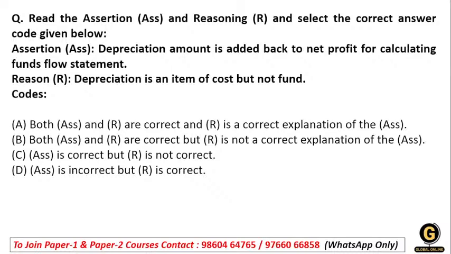See over here, the assertion is true, because depreciation is an amount which we add back to the net profit for calculating the fund flow statement. This happens because depreciation is a non-cash expense, isn't it? And that leads to a reduction in the accounting profit, because we are writing depreciation on the expenses side.